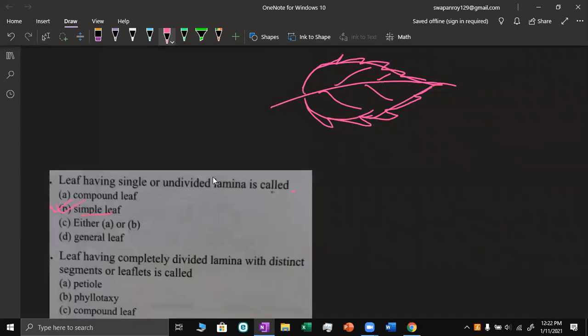In compound leaf, on the same petiole, there are more than one leaflet. One lamina is divided into smaller segments, as you see in case of neem, in case of rose.